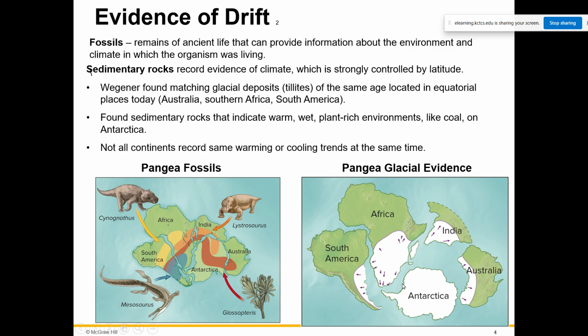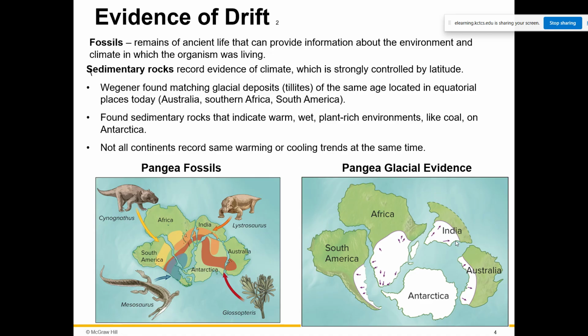Same thing with the glaciers. We have evidence of glaciers here around Antarctica with the glacier spreading out over the continents. Again, putting it all together with Antarctica kind of being in the center makes a lot more sense than random glaciers all over the continents, some of which would be closer to the equator.